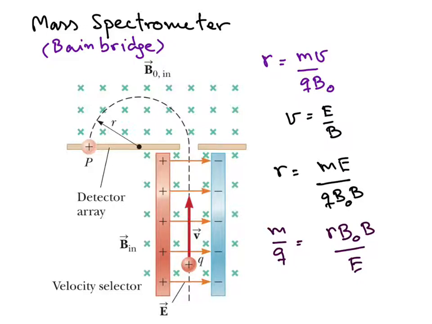This name comes from its inventor, Kenneth Bainbridge, who used this configuration to separate the ions of the sample.